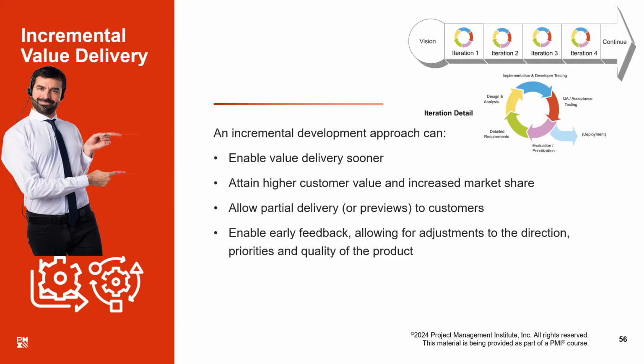They can start using whatever we have delivered so far. So this is much more interesting rather than a predictive approach where the delivery is one time or a couple of times only, even if we are using phases. But in an incremental or iterative approach, we keep delivering consistently and continuously after equal intervals of time.